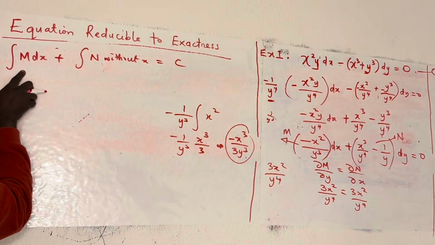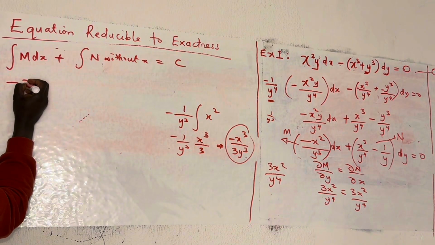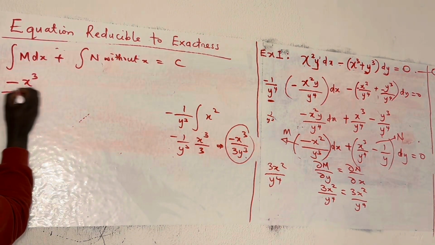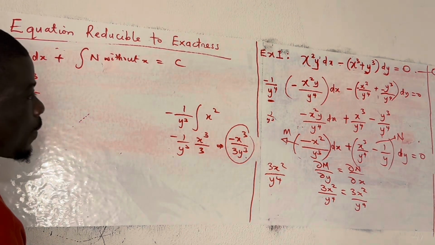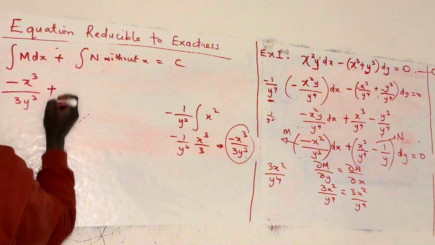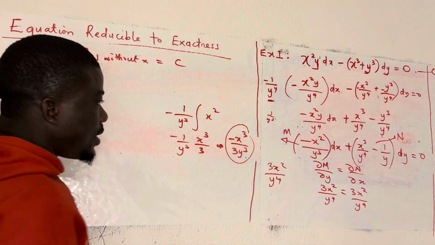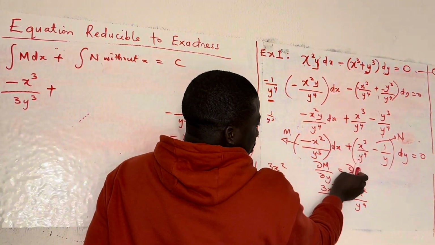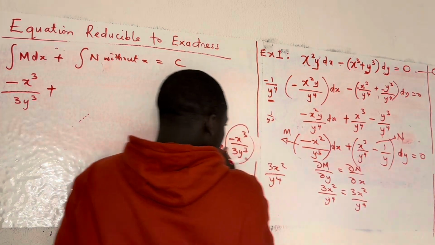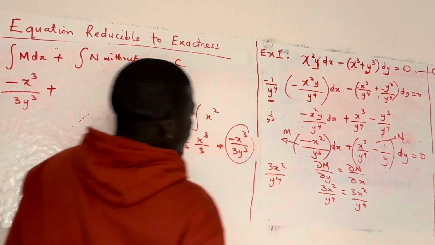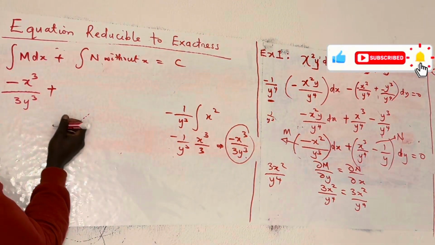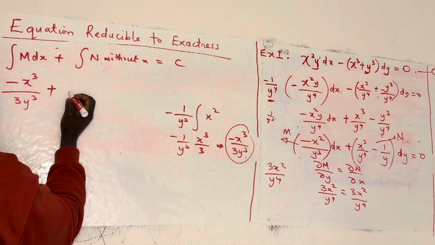So integrating M with respect to x, we have minus x raised to power 3 divided by 3y cubed. Plus, let us integrate N without x. Because there is x here, we are not integrating this. We are left with minus 1 over y. If we integrate minus 1 over y, we have ln y.